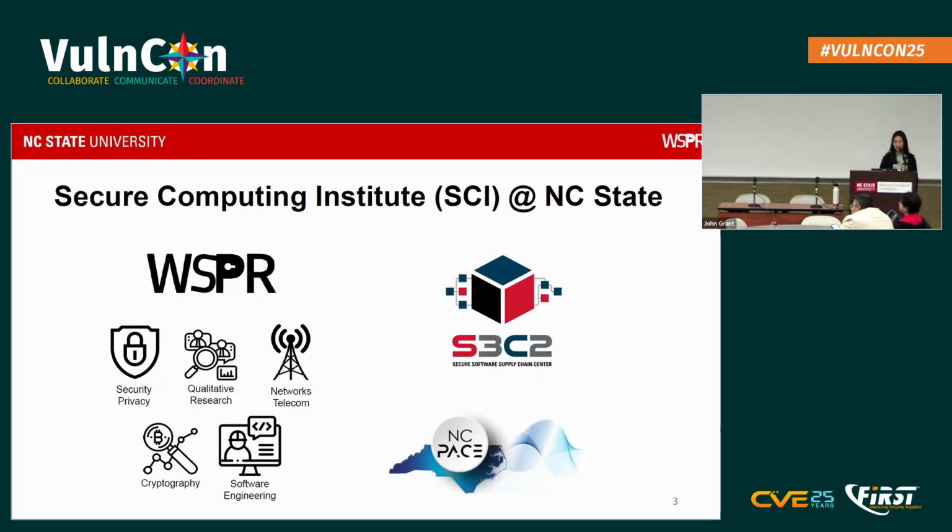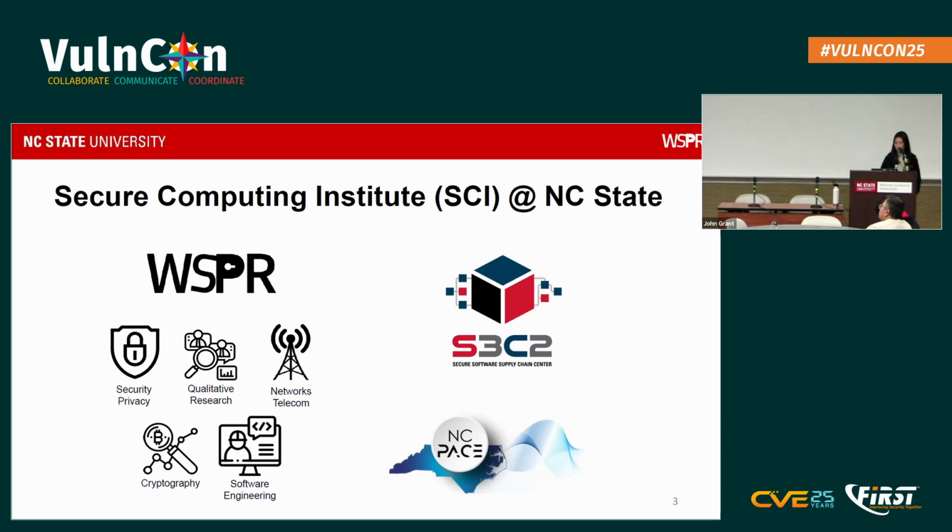At NC State, we have a Secure Computing Institute, which our lab, the WSPR lab, is part of. Our lab does research broadly in the area of security and privacy. We also have research implementing qualitative methods, research on networks and telecoms, crypto, and also research combining software engineering and security. And one of the main focuses of research in our lab has been on software supply chain security.